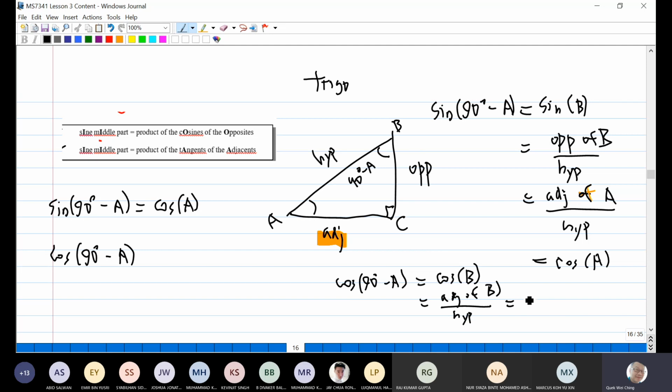Adjacent of B is actually opposite of A, over hypotenuse, which equals sine of A.